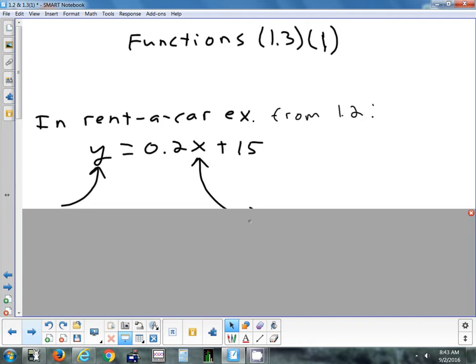Yep, Allie? The dependent variable. Yep, the dependent variable. And we called the x basically the opposite of that. It was the independent variable. And what's the name for x that corresponds to range? Y is range, x is domain.